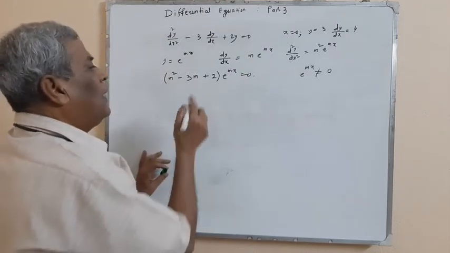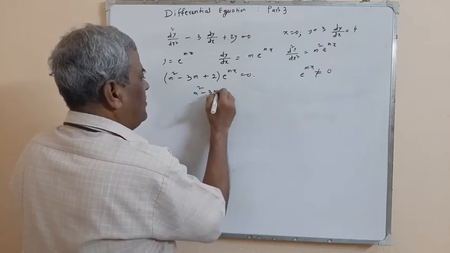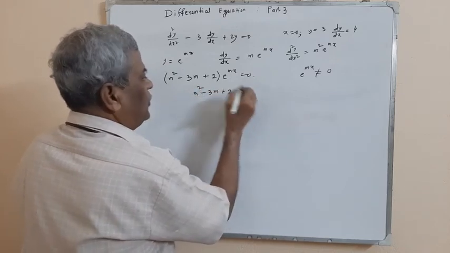So the only possibility is that m square minus 3m plus 2 is equal to 0.